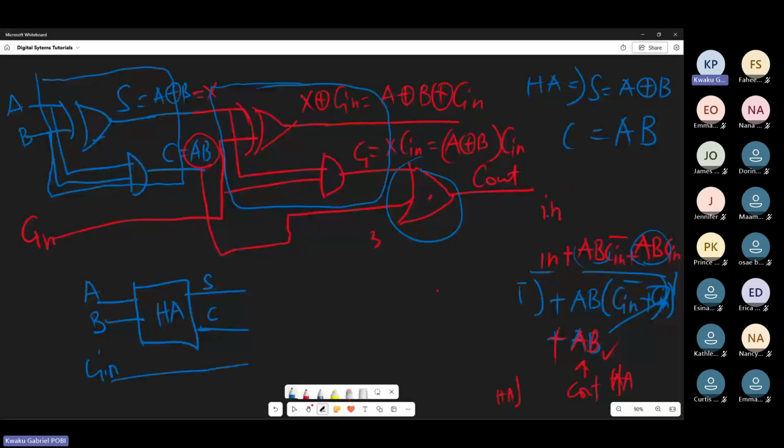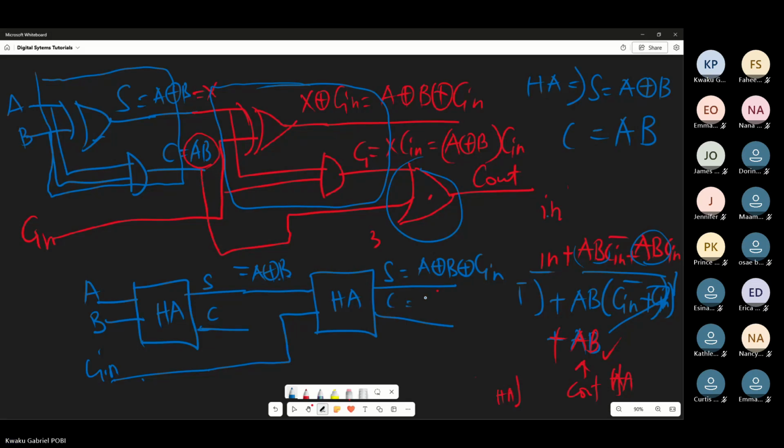What did I do? I passed C in and S into another half adder. And then what I had was, here was A XOR B. When I pass it through a half adder, what will be the sum? The sum will be A XOR B XOR C in. Then the carry out here will be this signal times this signal, which is C in multiplying A XOR B. Now, in the expression for the full adder, it should be this plus AB, which is here, as the carry out.